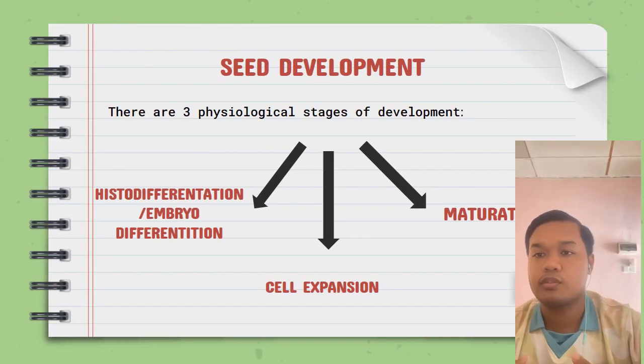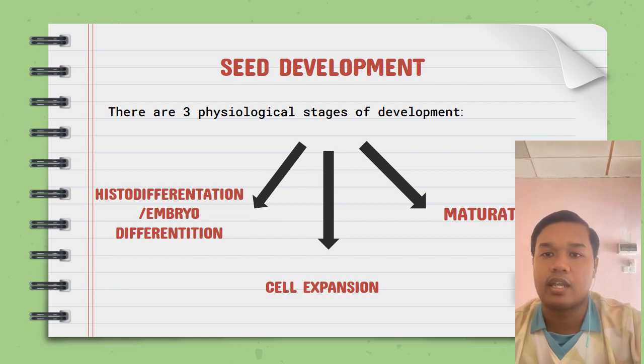Now we move on to the seed development. There are three physiological stages of development, which are histodifferentiation or embryo differentiation, cell expansion, and maturation. First, I'm going to tell you about the embryo differentiation.